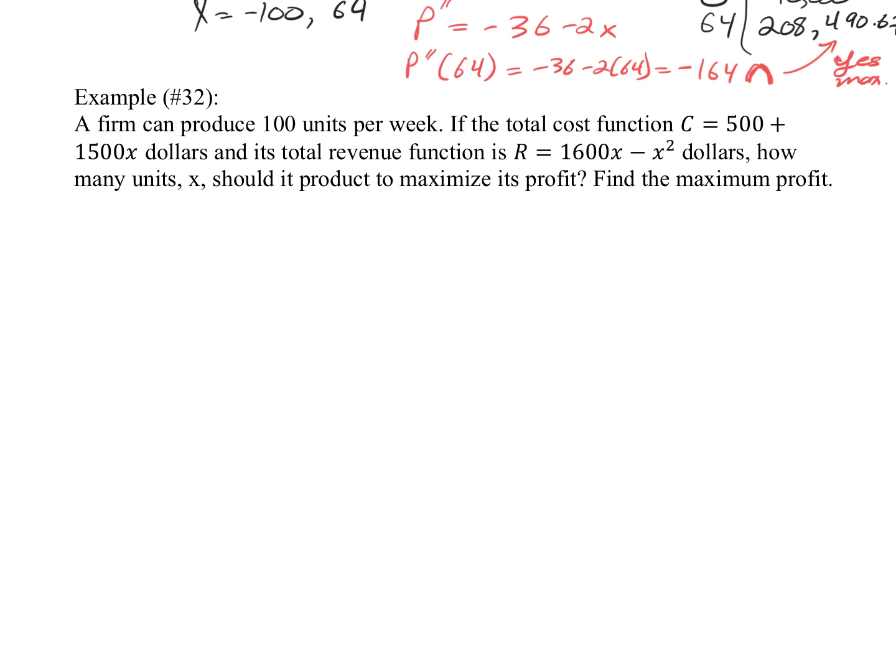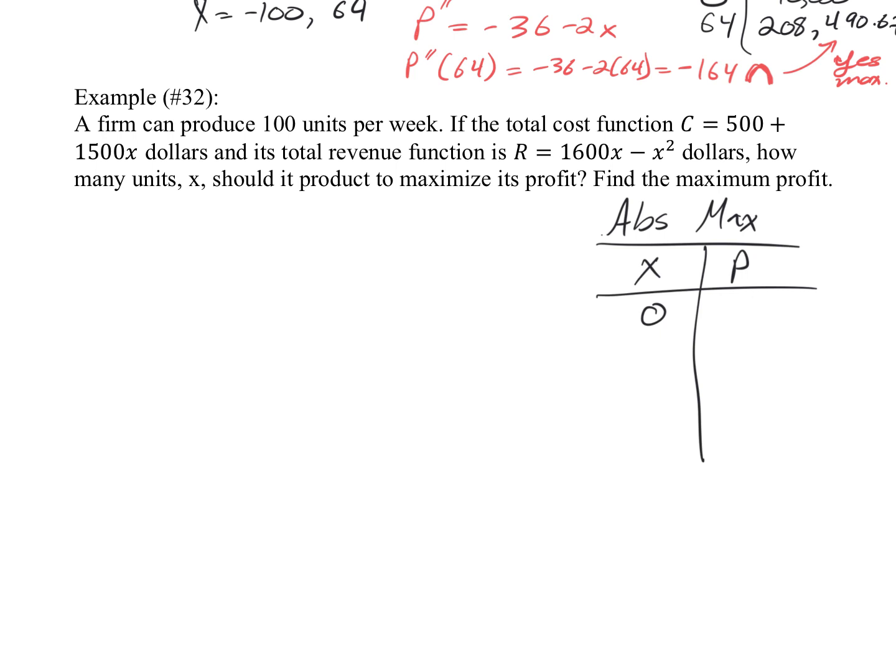So right out of the gate, you notice that there are boundaries on the number of units we are allowed to produce. So for my absolute max, there's going to be an x value and a profit value. The minimum number of units you could produce and sell would be 0, and they've told us that the most they can produce and sell is 100.